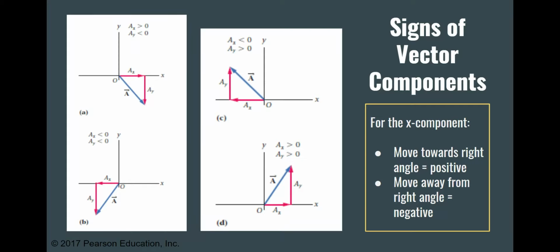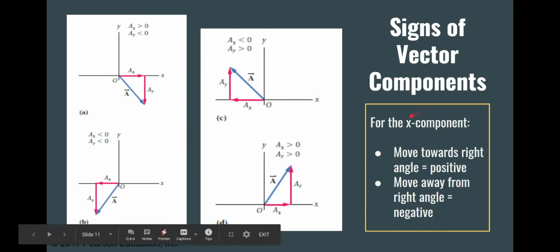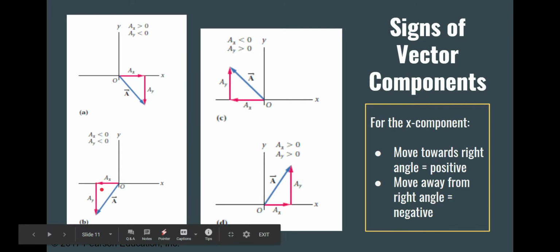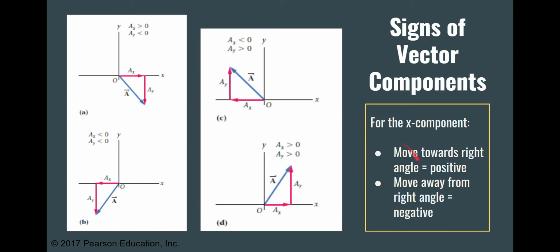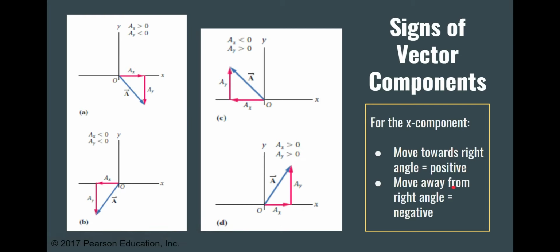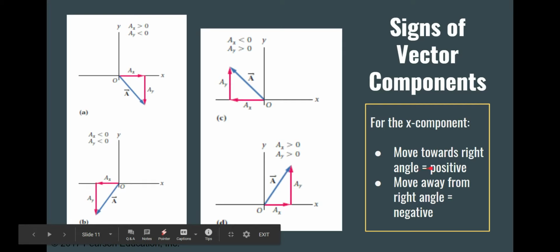The signs of our vector components, so you saw that we just got a negative value. I'm going to now explain what that means. For the x component, if we have our triangle, you see these are right triangles each time. We want to look at how we're moving towards the right angle. So here, here, here, and here. If we are moving towards the right and it is in the right direction, then that means we are moving in the positive direction and our x value will be positive.